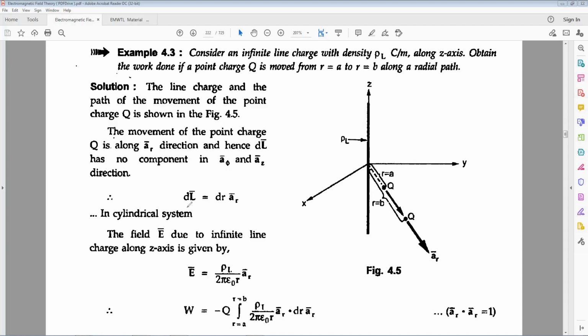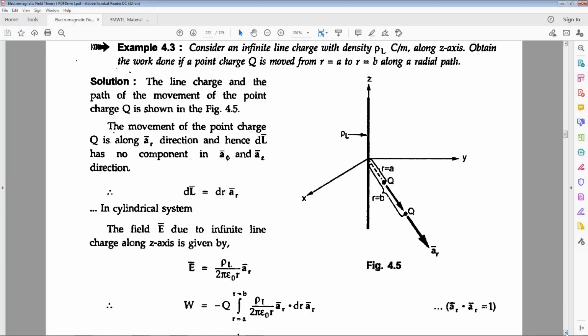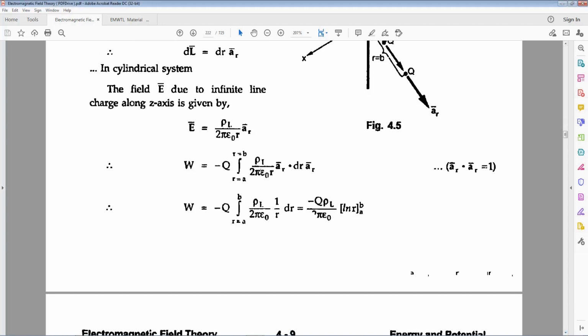Now in this condition, the dl bar is equal to dr into AR bar, and E bar is given as rho L by the 2 pi epsilon naught R into AR bar. The AR bar dot AR bar is equal to 1. Substitute that and find the work done. W is equal to minus Q rho L by the 2 pi epsilon naught R, AR bar dot AR bar.